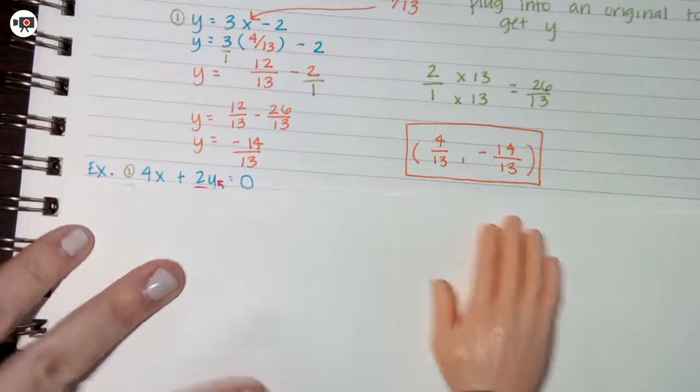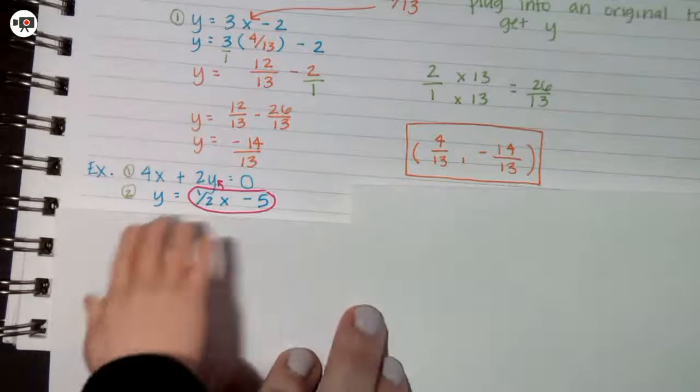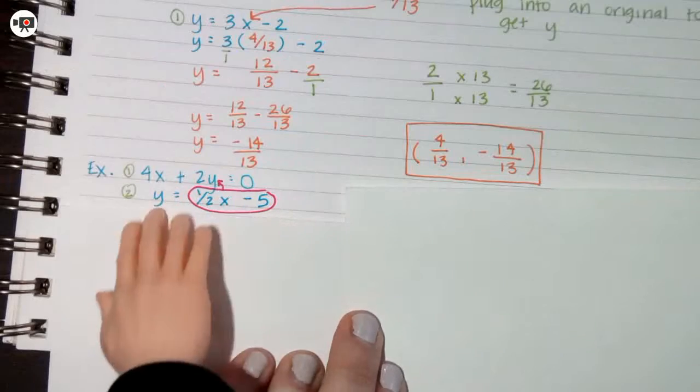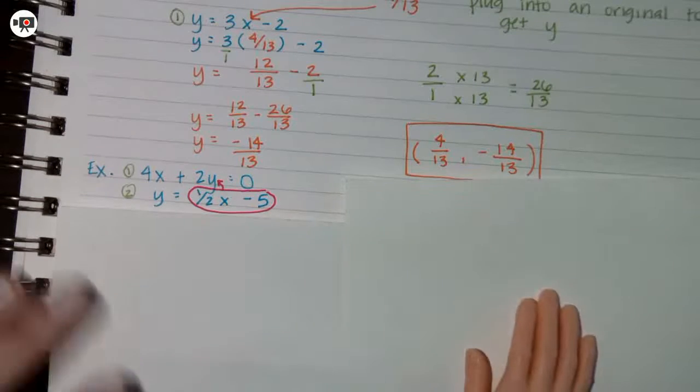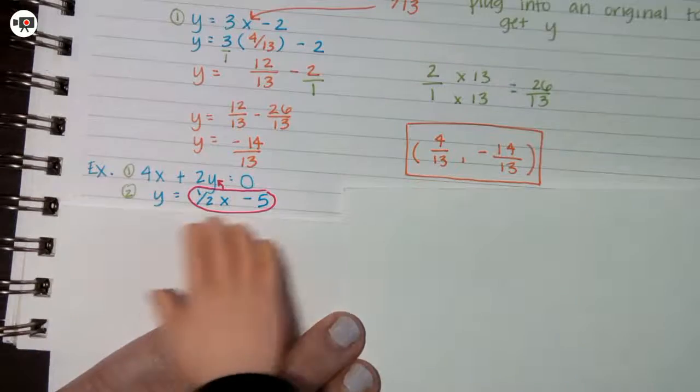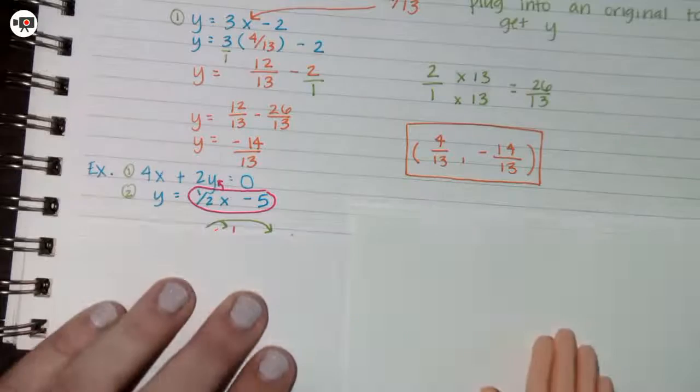Let's try another one. In the equations, 4x plus 2y equals 0, and y equals 1/2 x minus 5, I'm going to take what y equals and plug it into y in the other one.